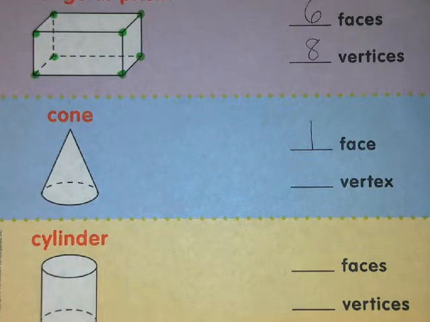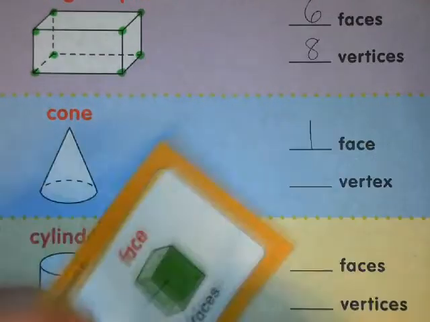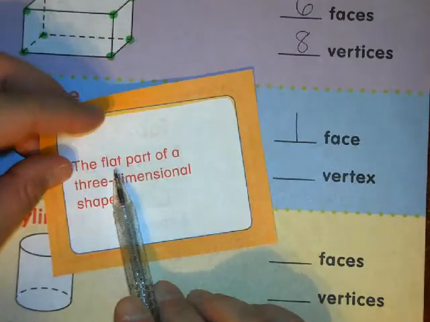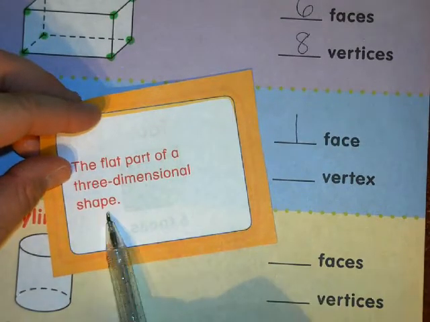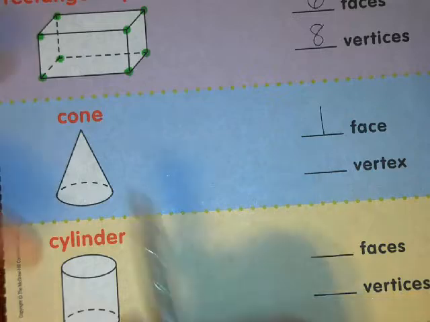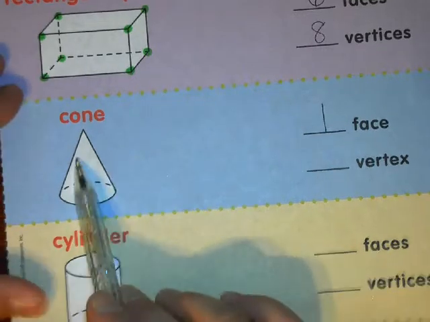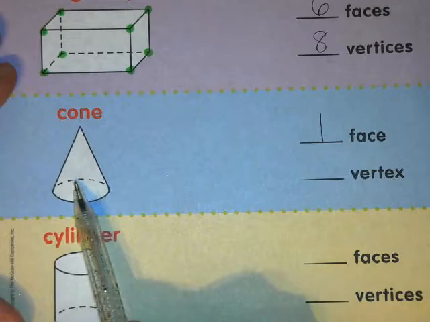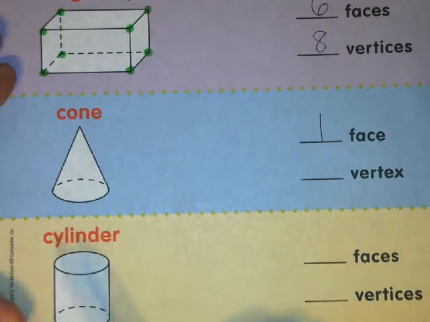I'm going to take a look at my face card again because I believe it says the face has to be flat. Yes. So here's my face card. The flat part of a three-dimensional shape is the face. Okay, so this part up here, it goes around like an ice cream cone, but the circle is a flat circle.